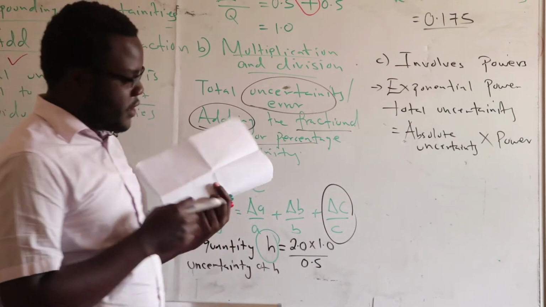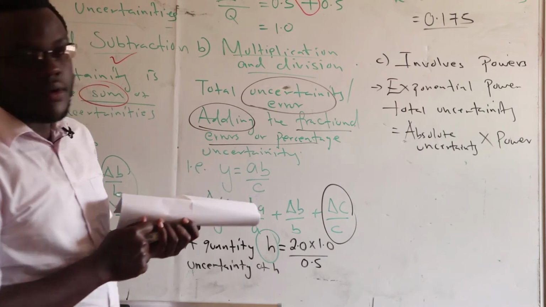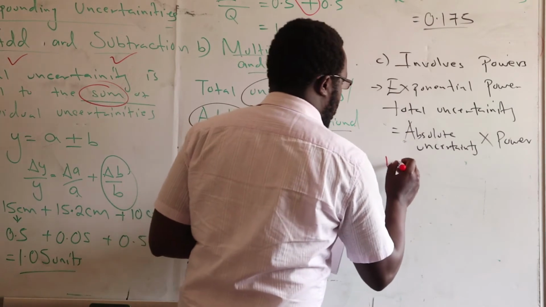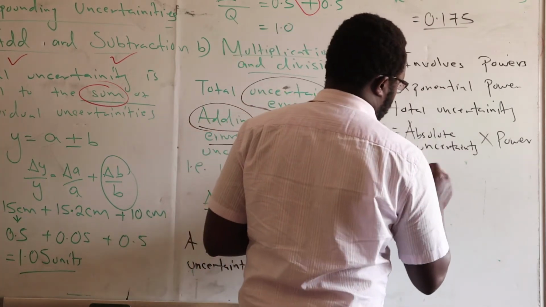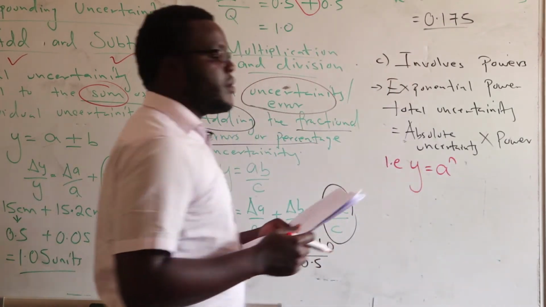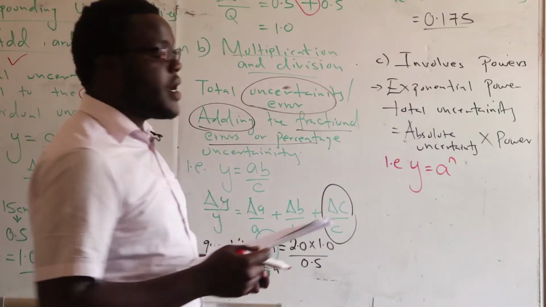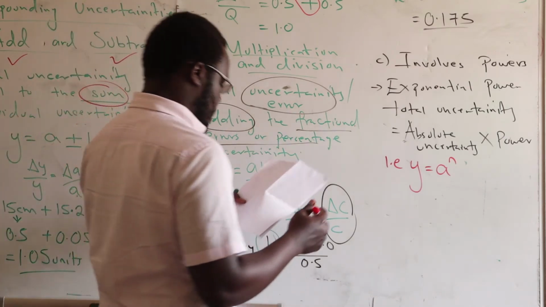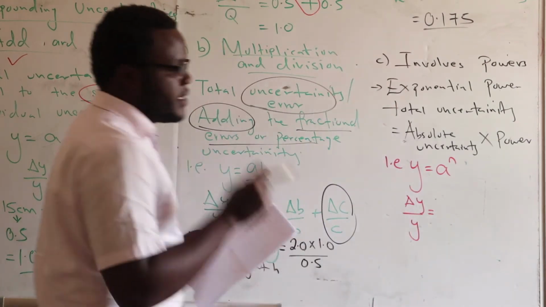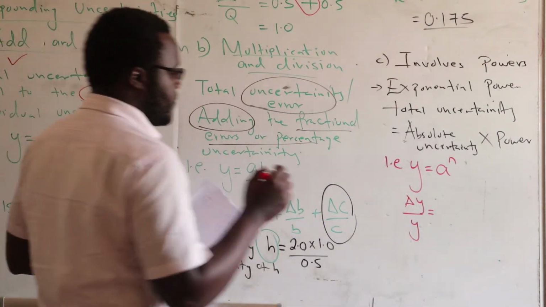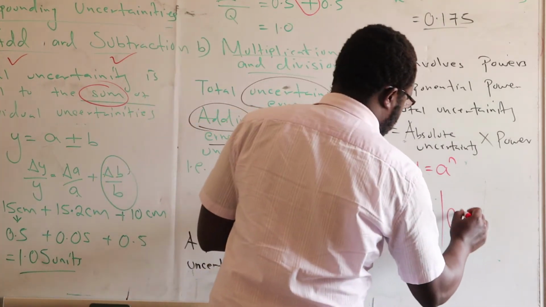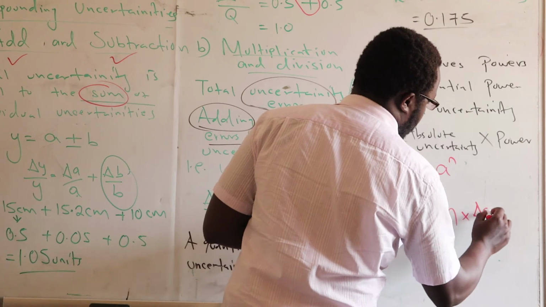If I may give an example for more understanding: y equals a power n, where n can be any integer. Then the uncertainty of y is equal to the absolute of the product of n multiplied by the uncertainty of a.